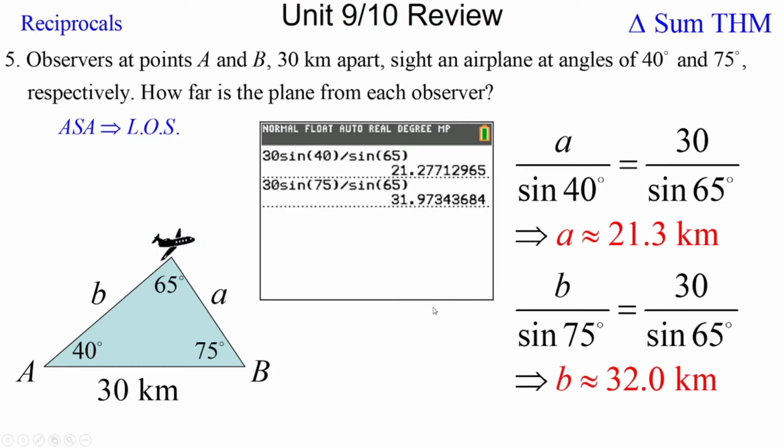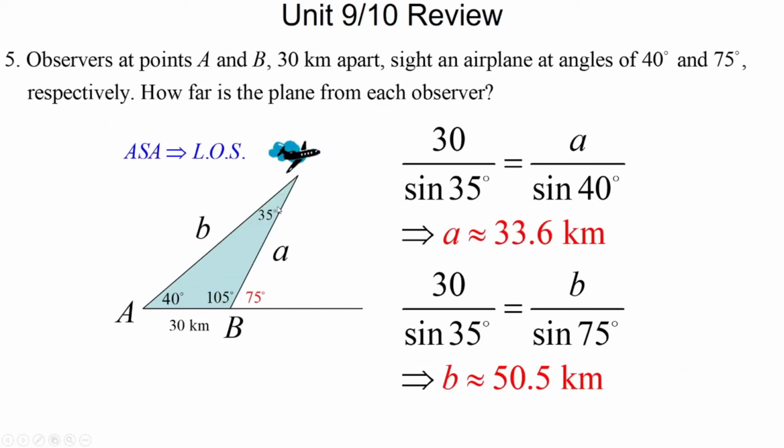All right, number 5. Now, the way this problem is written, you realize that you could have seen this picture a little differently. What if this plane was over here to the right farther? So if you saw it like that and did it like that, I'd have to give you full credit. And I want to show you what that one would look like right there.